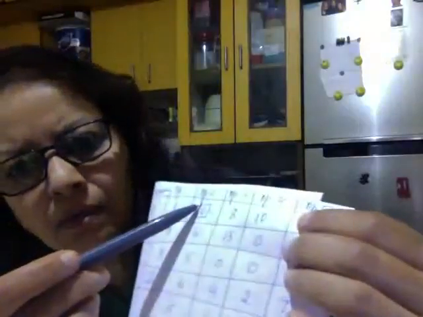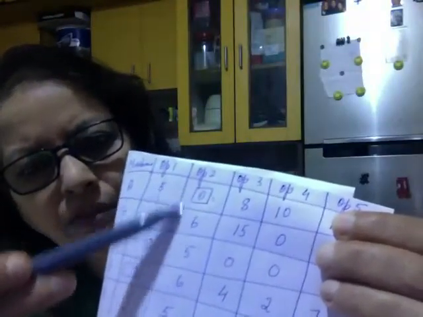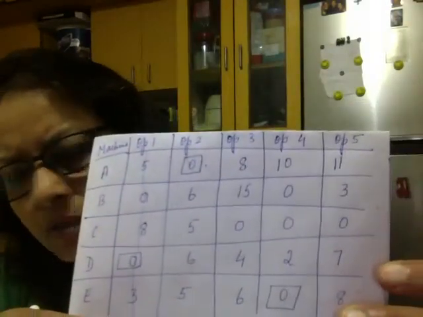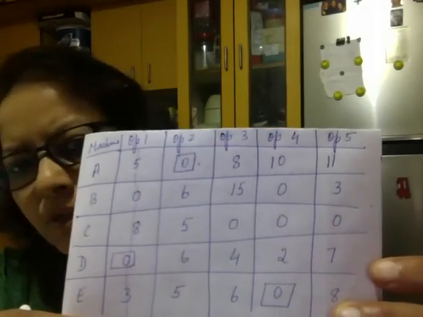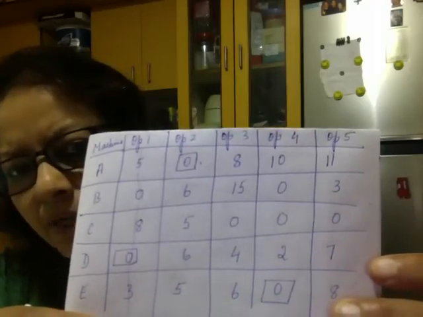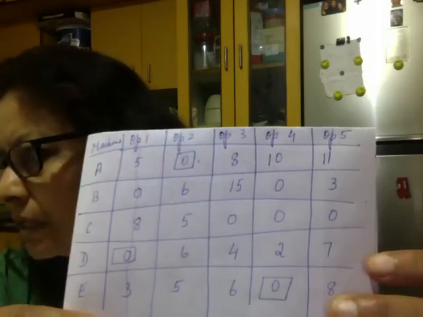So it doesn't make sense to make a vertical line because there are no other zeros in column 2. Look at the row. Does the row have any zeros? No. So we'll wait and see whether we should draw a horizontal line or a vertical line.